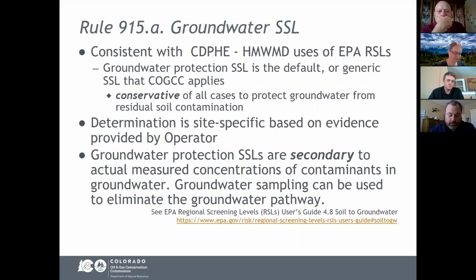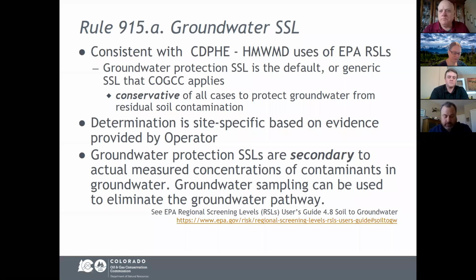Therefore, the groundwater protection screening levels are conservative of all cases of contamination, protecting groundwater from soil contamination. So COGCC assumes there's a pathway to groundwater present at all spill and release and remediation sites until the operator provides site-specific evidence documenting that the pathway does not exist. The complexity of this evidence will vary depending on the spill release scenario and site setting.